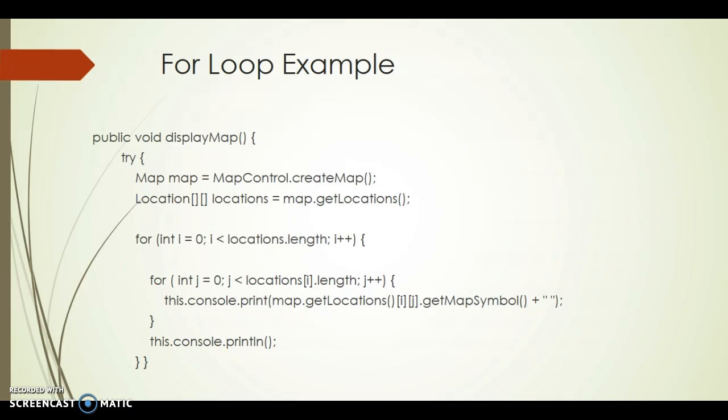This represents the rows of our map array and repeats the block of code enclosed within the parentheses, while the value of i is less than the length of the locations array. The for repetition statement increments the counter variable after each repetition through the loop.